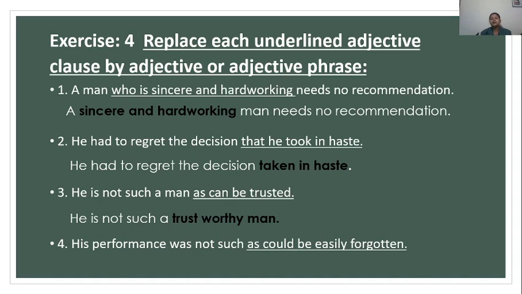So what does it mean? That man is a trustworthy man. So the same here, the clause has been converted to an adjective only. Trustworthy man. Okay? Now, his performance was not such as could be easily forgotten. The performance that cannot be easily forgotten means it is not a forgetful performance. So his performance was not forgetful.